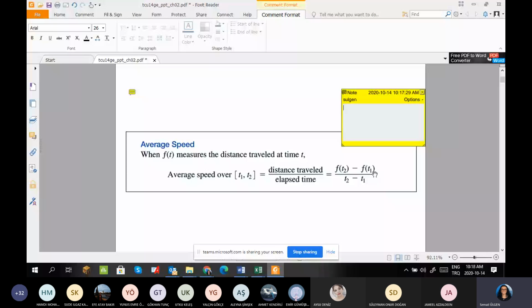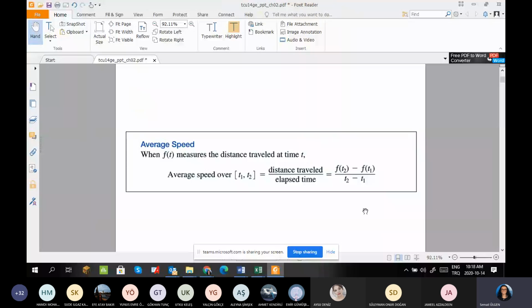The difference is the distance traveled. Then t2 minus t1 is the time that has passed during that trip. If you take the ratio of the two, you get the average speed of that object, whatever that object is. Probably I don't need to write anything here, so I'm going to just delete that.